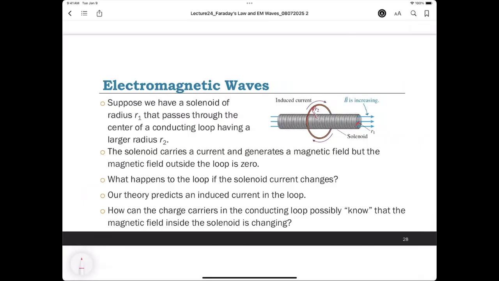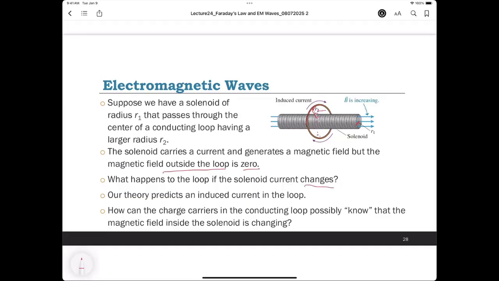The solenoid carries a current and generates a magnetic field, but the magnetic field outside the solenoid is zero, which means only inside has a magnetic field. What happens to the loop if the solenoid current changes?